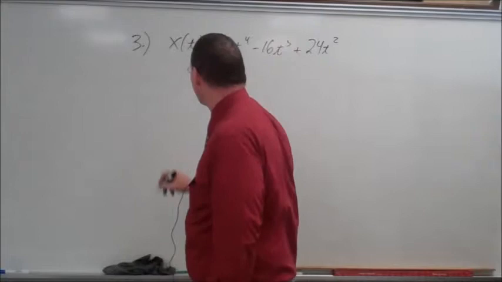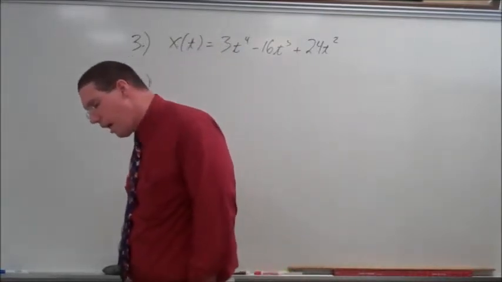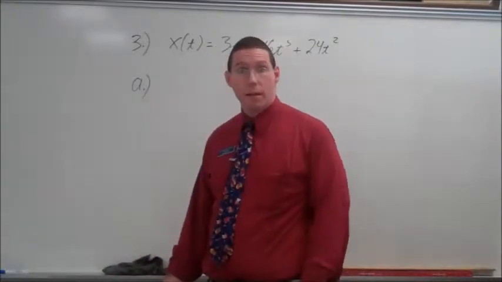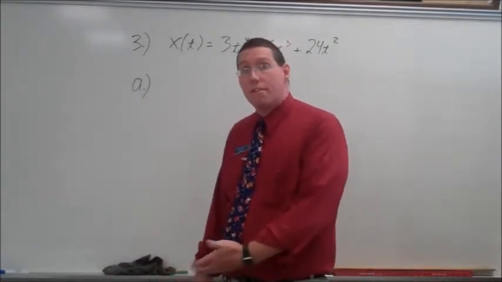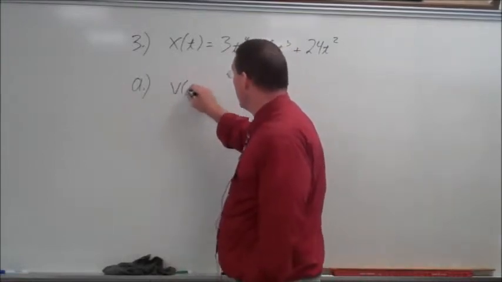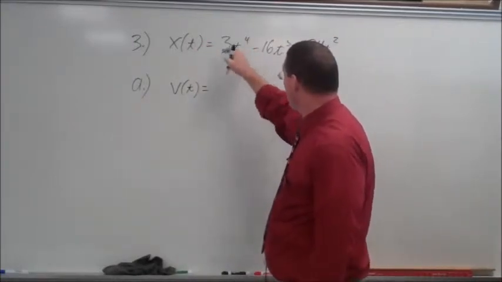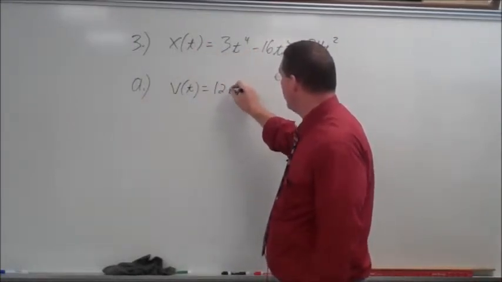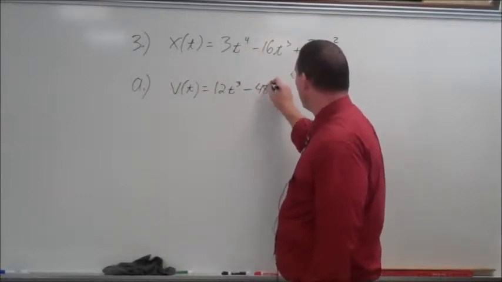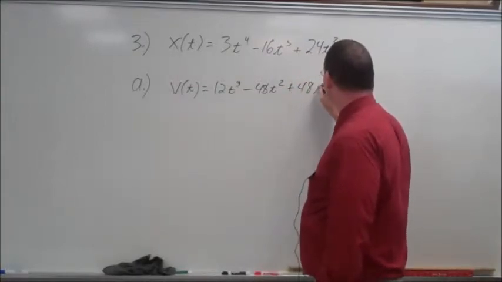Part A says, determine the velocity and acceleration of the particle at time t. So basically it just wants the velocity function and the acceleration function. The velocity function is just the first derivative of the position. So the derivative of this, 4 times 3 is 12t, subtract 1 from the exponent, cubed, minus 48t squared plus 48t.